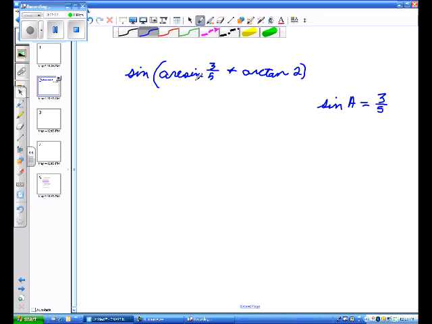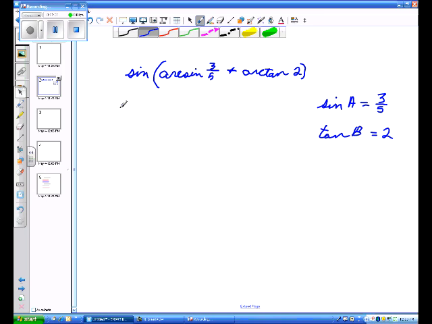Remember when we were doing arctangent or arcsine or inverse sine, we're looking for an angle. We're trying to find what angle has a sine of 3/5. And here we're looking for what angle has a tangent of 2. And since it's a different angle, we'll call it B. And that's going to equal 2.